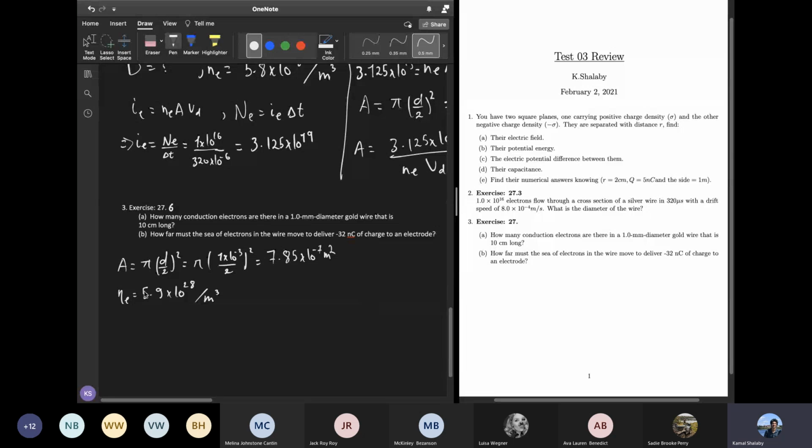This number that we got is telling us how many electrons are in a volume. We do have an area, and we also have depth in some sense. With the area and the depth, we can find the volume of the wire. If we multiply it by the density, it will give us the number of electrons that are available to run around.